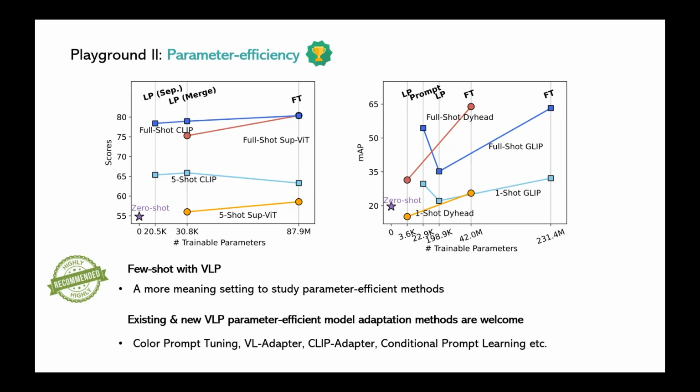And most of the so-called parameter-efficient methods are playing a trade-off game between the number of parameters and the model performance. In our study, we recommend using few-shot learning as a setting to study parameter-efficient methods, because this is a more interesting setting where the best performance actually requires an optimal number of trainable parameters, not the largest number of trainable parameters.